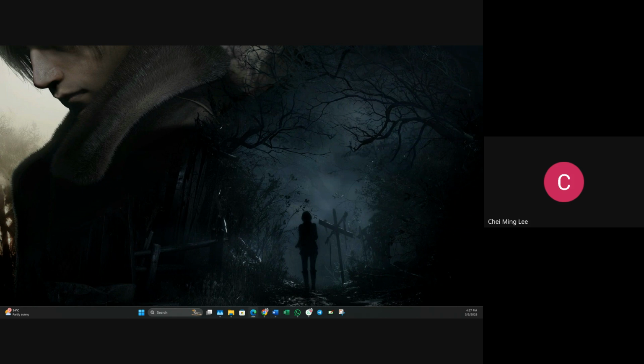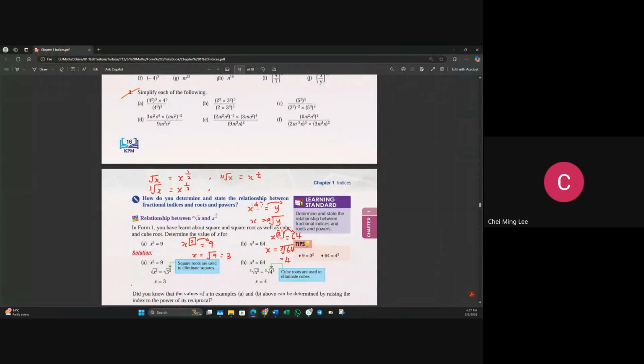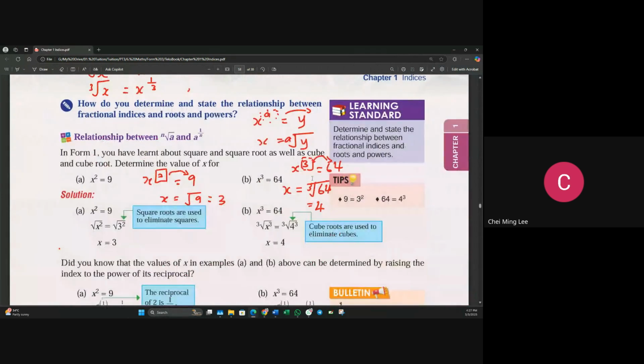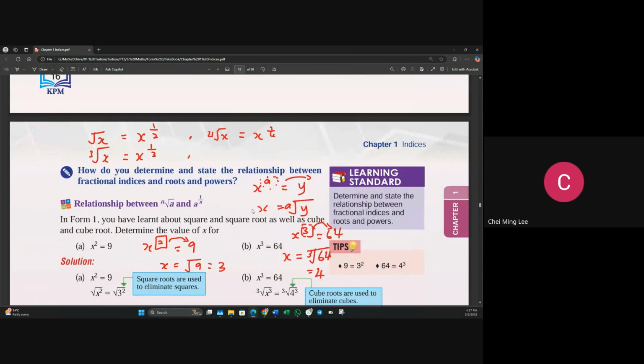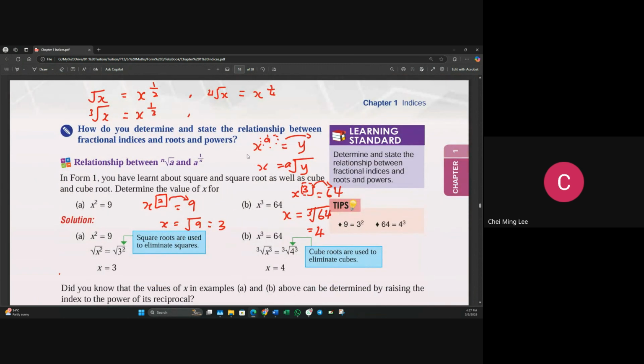All right, so let's continue. Let's see for this one. First, before we start, you must know that x power of a equals y.